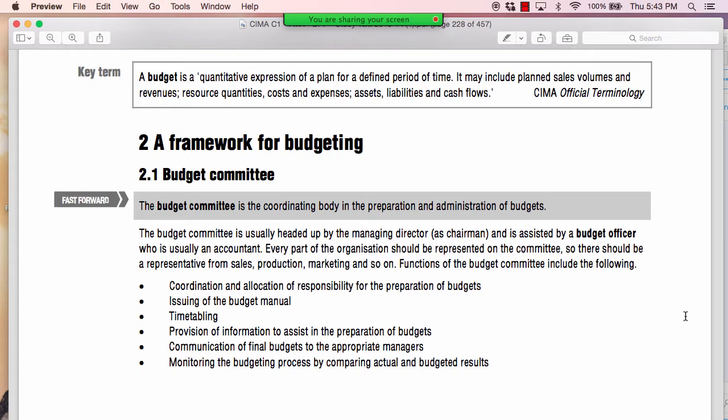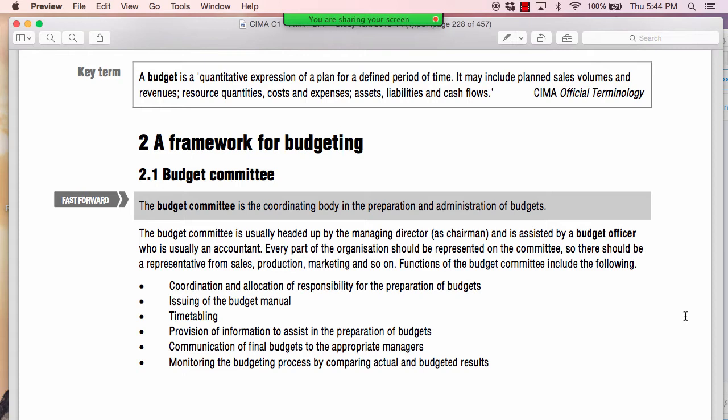Now, they also talk about a budget committee. And the budget committee is, well, there would be the top guy who is an MD or a chairman, because it is a top-down approach, right? We want the top management to buy into this and really drive it. And there will be the budget officer, or you will have the accountants working with this person.